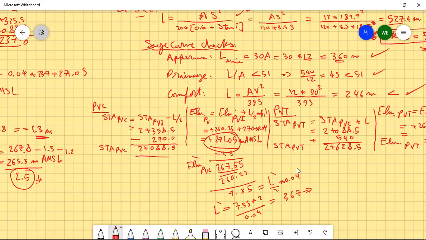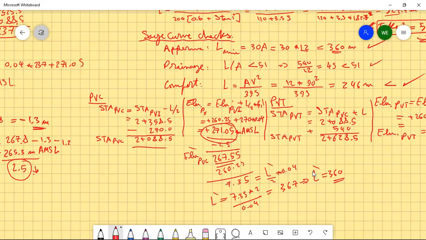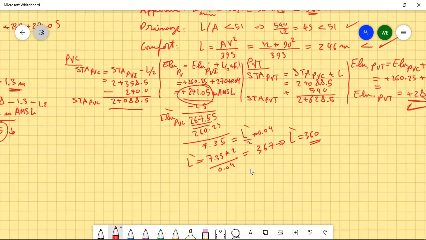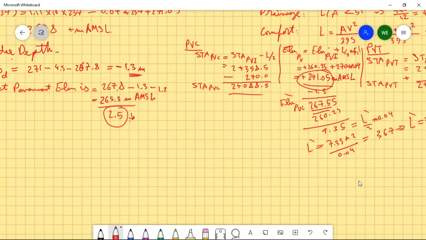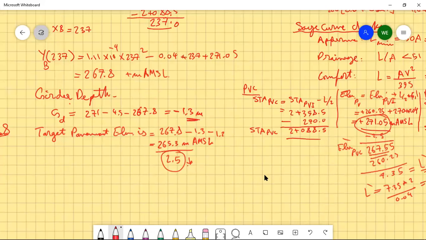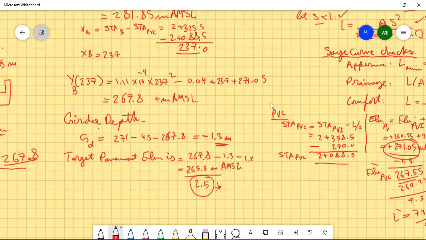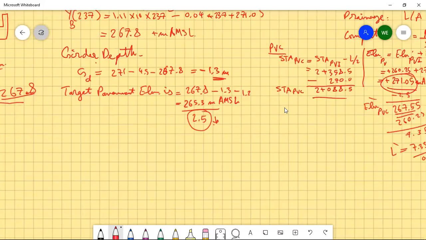So let's have L dash equal 360. Okay? And let's see if with that length we will have the clearance that we needed. So let's check on that. Of course, we need to reformulate the formula for the curve.